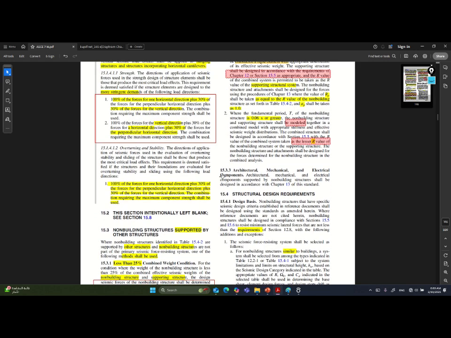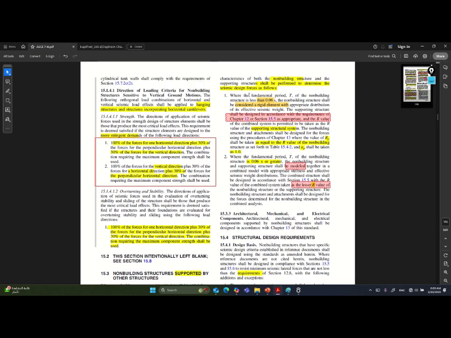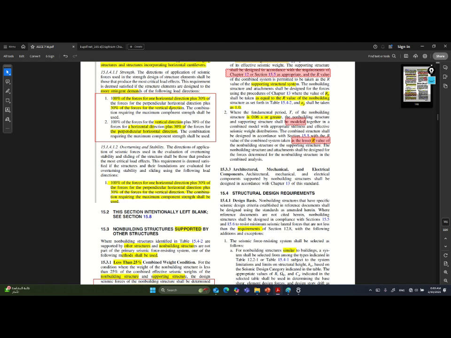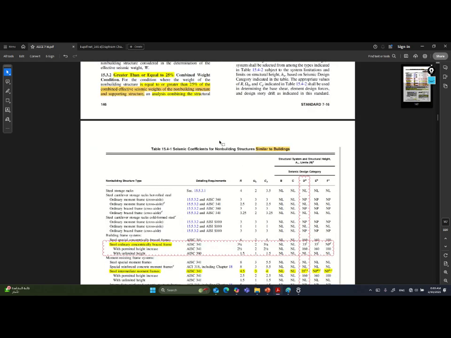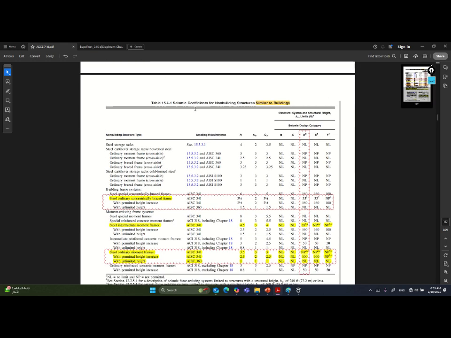And if the own weight is more than 25% and the time period is more than this value, so it is flexible, then you will model them together and use the lesser R and so on. So you get the general idea of it, okay? These are special topics, and I don't think he will go deep into them, but you must still know the general idea of chapter 13 and chapter 15.